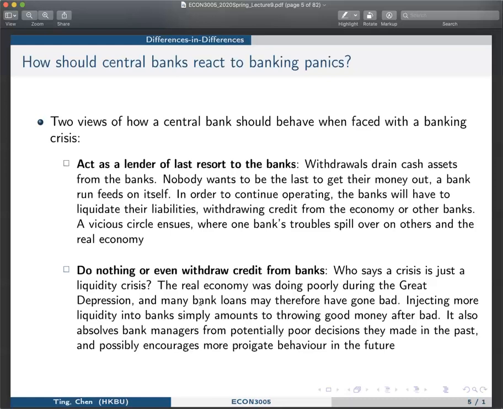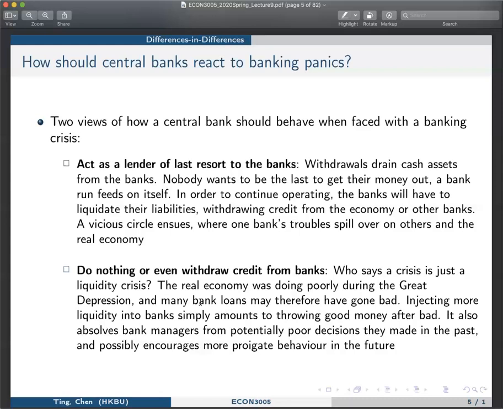The central bank can do that because basically central banks in any economy have these powers: you have the sovereign's support, you have the sovereign's credit, so you can make money out of nowhere.